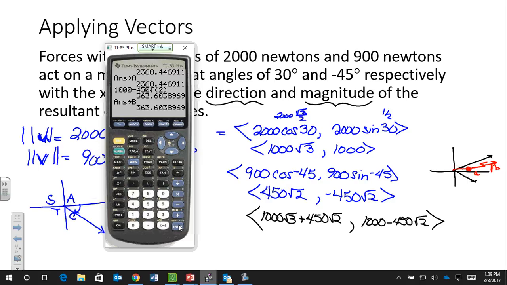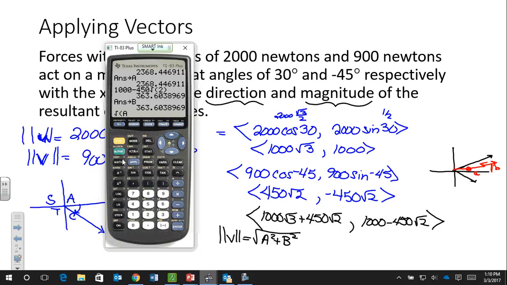Because now when we want the magnitude of our resultant vector, it is the square root of A squared plus B squared, right? And even if they're nasty numbers, we can still do that. So we just say, I need to know the square root of that alpha A that I just plugged in, squared.